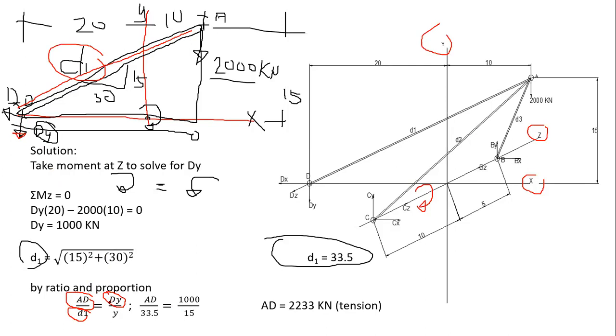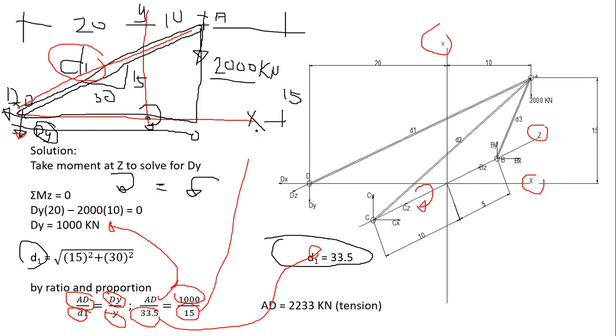Dy is to Y. So AD, ito yung tinatanong natin. 33.5, ito yung kinumpute natin. And then you have Dy, 1,000. And then 15, yung height. Anong relation? Kasi ito, 33.5, yung length ng force AD. Ito naman 15, yung height. So we can compute AD.